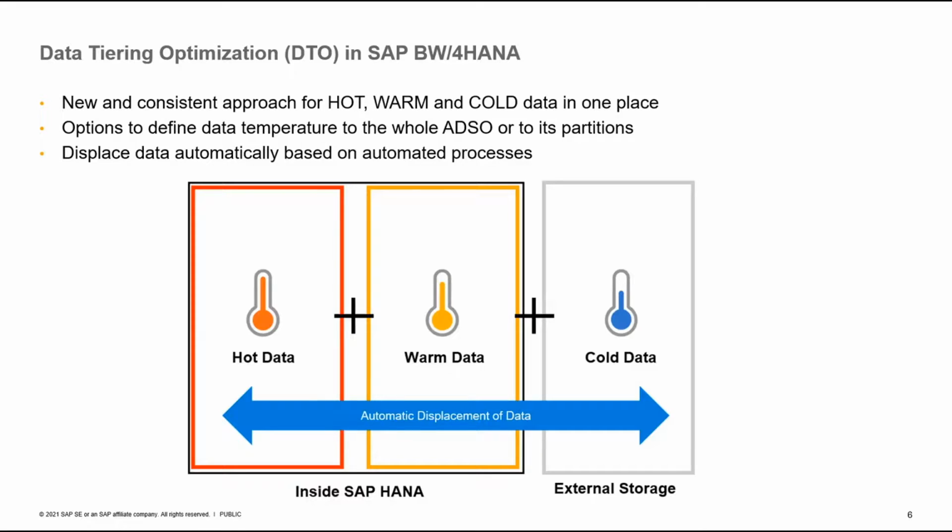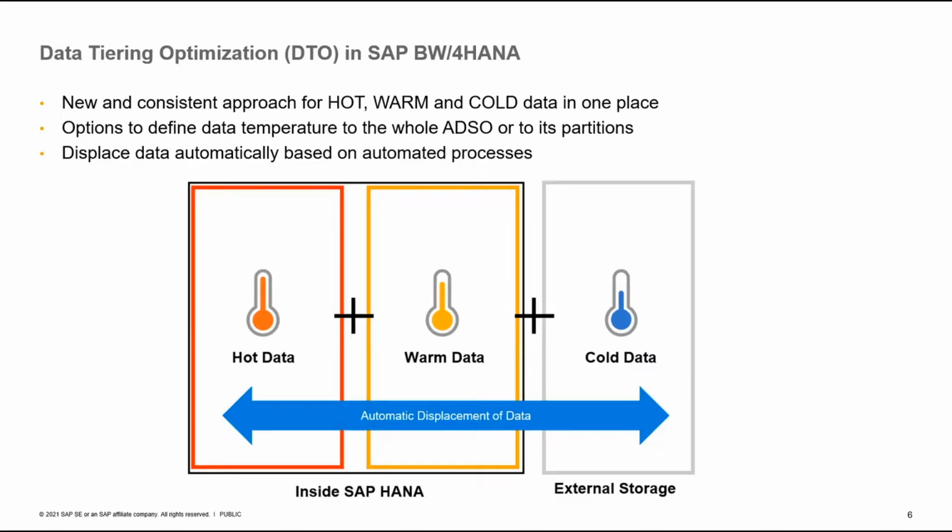DTO brings processes and tools to manage the displacement and the planning of these tiers and the displacement from one tier to another one. The typical approach would be that hot data is moved to a cold store or to the warm store, but also vice versa.